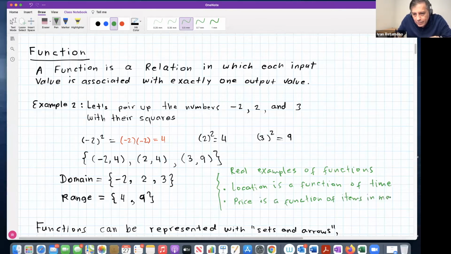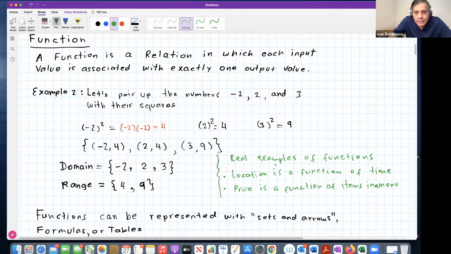When you go to a restaurant, for example, the price of each item on the menu is a function of the items. A dessert cannot have two different prices, just a single price. Price is a function of the items in the menu. And there are more examples, but this gives you an idea of why functions are useful.